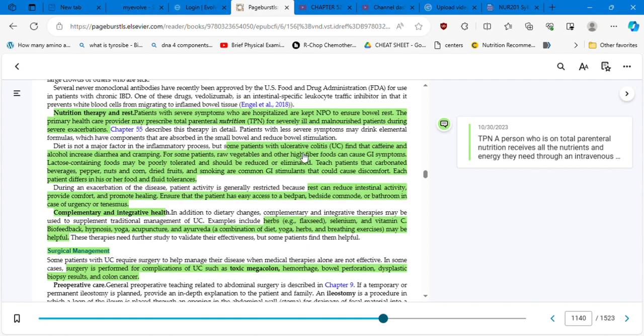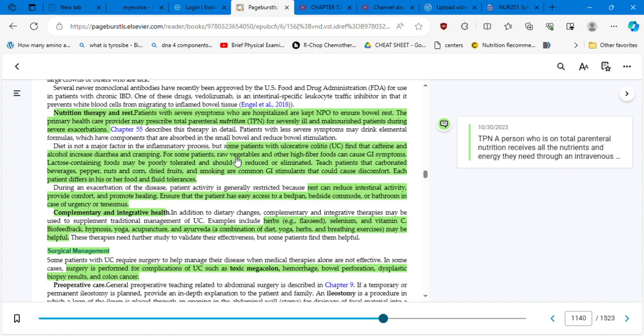Some patients with ulcerative colitis find that caffeine and alcohol increase diarrhea and cramping. For some patients, raw vegetables and other high fiber foods can cause GI symptoms. Lactose containing foods may be poorly tolerated.